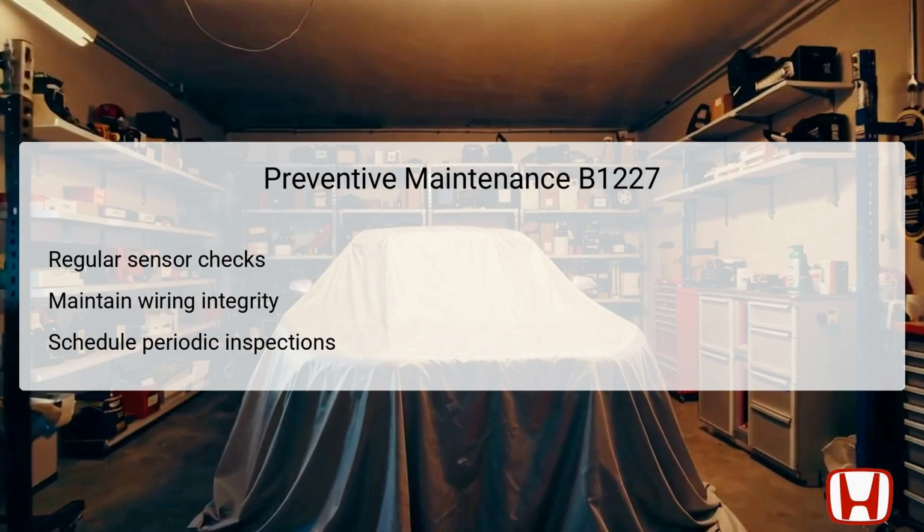Additionally, maintaining the wiring integrity by periodically inspecting connectors and wiring harnesses for wear, corrosion, or damage is crucial. Scheduling periodic inspections of the entire climate control system, including the outside air temperature sensor circuit, allows for timely identification and correction of any emerging problems.